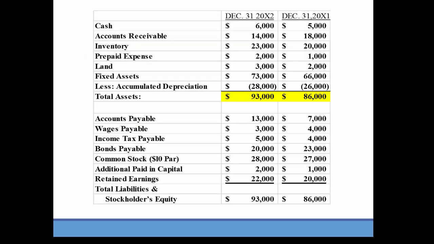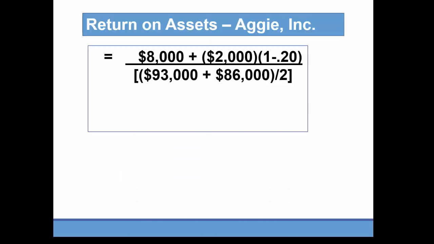Now we'll take a look at our denominator, which is average total assets. 93,000 at the end of the year, 86,000 at the beginning of the year. And so when we plug that into the denominator, on average, let's see, the numerator calculates out to be 9,600. Average assets are 89,500.